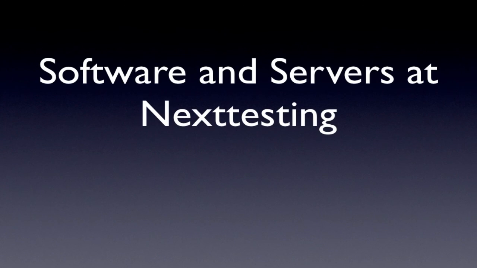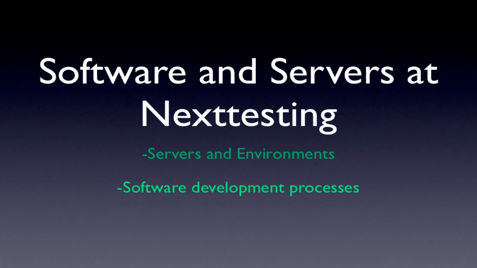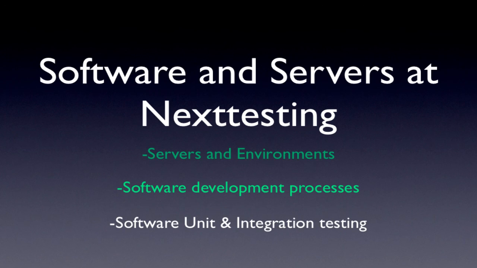So in a nutshell, for this screencast, we've seen the software development process at Nexttesting. We've previously seen servers and environments, and in a future screencast you can see software unit and integration testing and software deployment to servers.